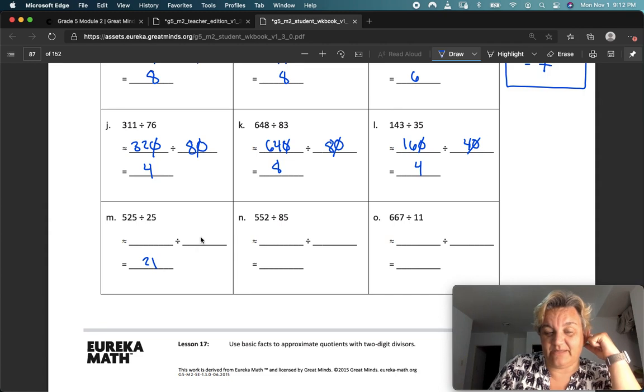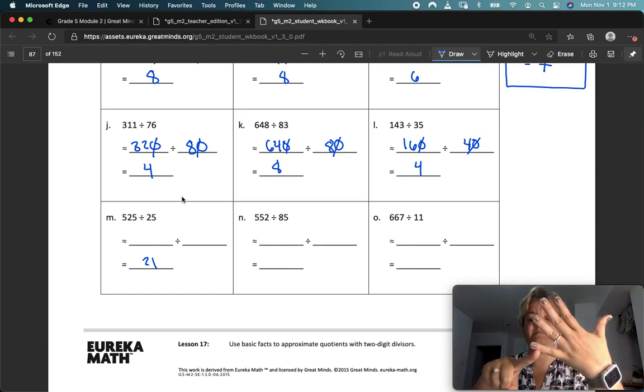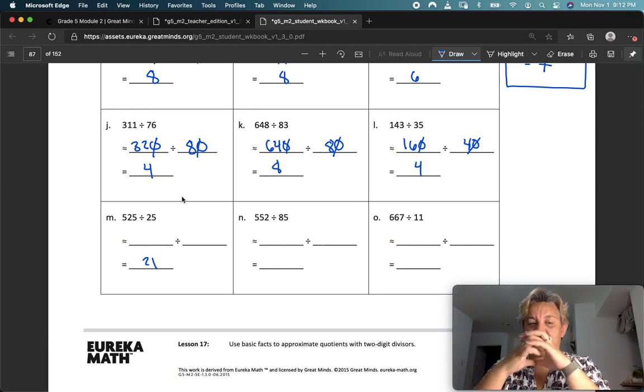Let's see if we can round. This would be, we could round that up to 30. 3, let's do our threes. 3, 6, 9, 12, 15, 18. Let's see. 40. I don't want to do threes.